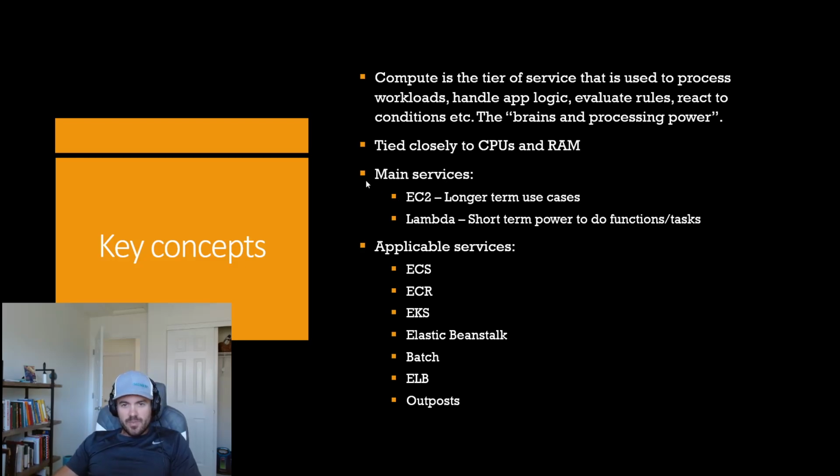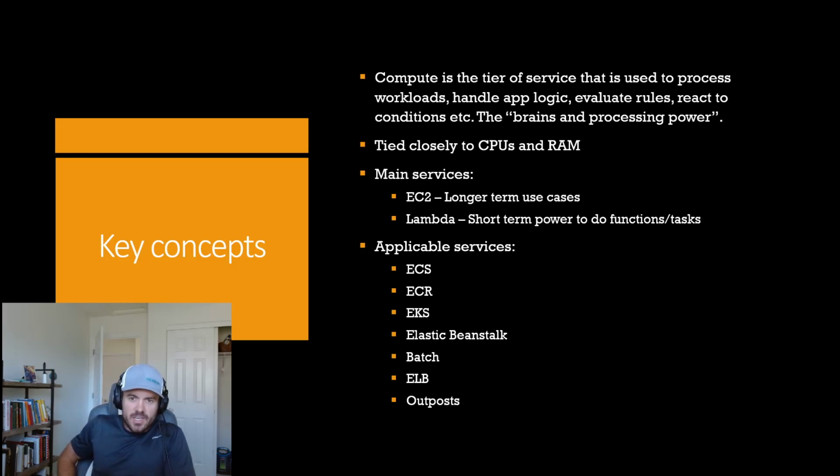But when we think about compute, we've got two main services, okay? We've got EC2, which is for longer term use cases, so workloads that you're going to be doing over an extended period of time. You're going to want to be thinking of EC2. But there's also Lambda, which is a nice serverless, very handy compute service that allows you to utilize short-term power to do functions and tasks.